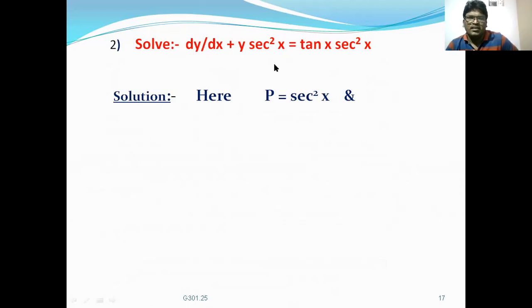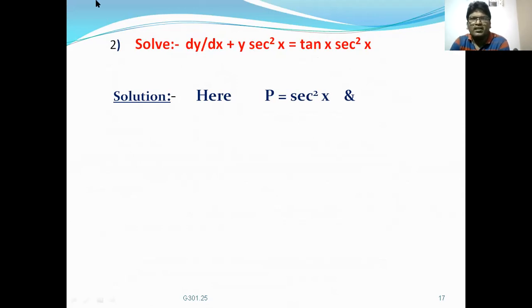Is it linear or not? In the coefficient of y, it is compulsorily in the variable x. The right side factor is also in the variable x. This is a first degree differential equation, and the power of y is 1 only. So is it a linear differential equation? Then you have to proceed.